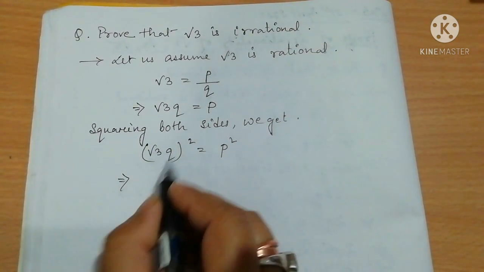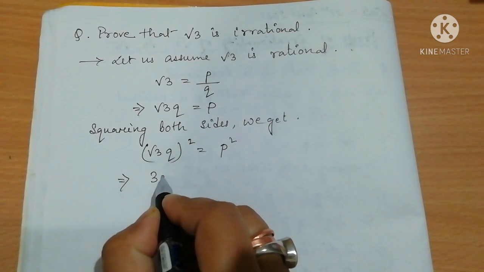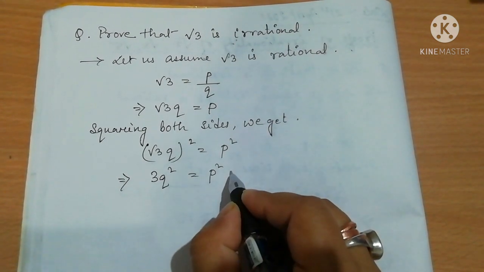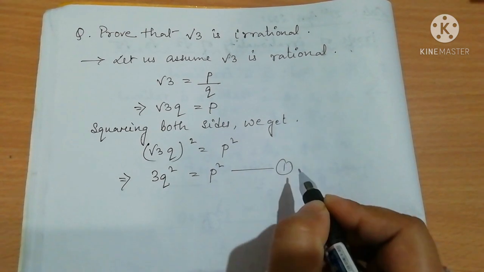Root 3 square gives us 3Q square equal to P square. We'll consider this as equation 1.